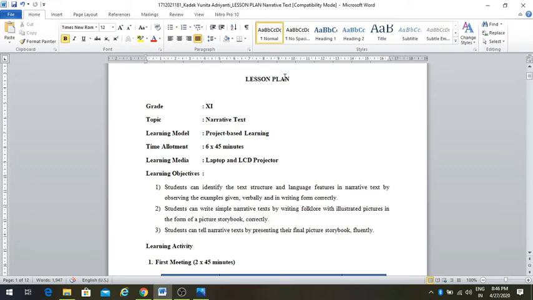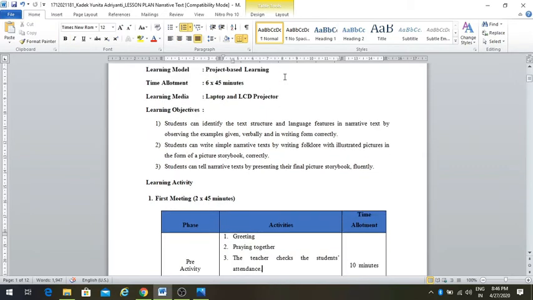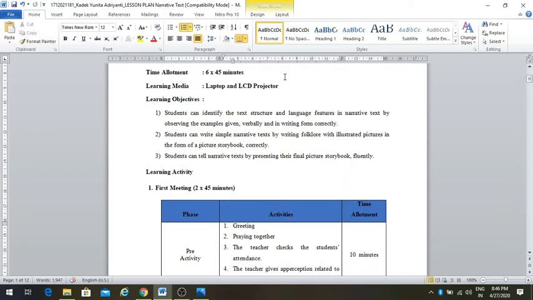So let's move to the learning activity for the first meeting, which spans 90 minutes. For the pre-activity, as usual, the teacher greets the students and the students greet the teacher. Then they pray together, and the teacher checks the students' attendance.